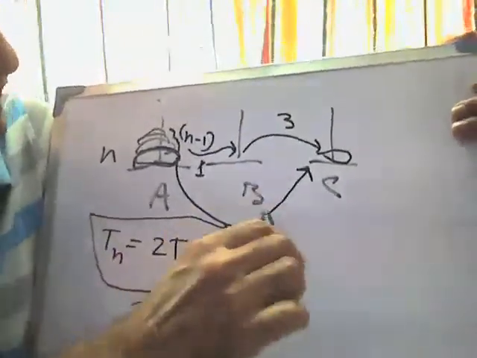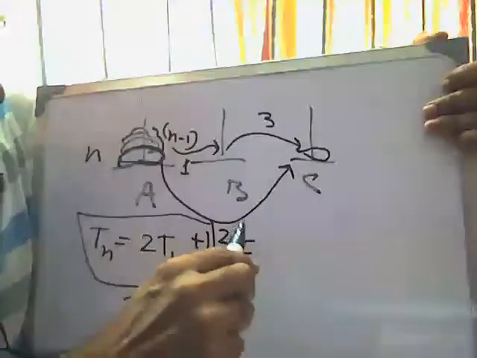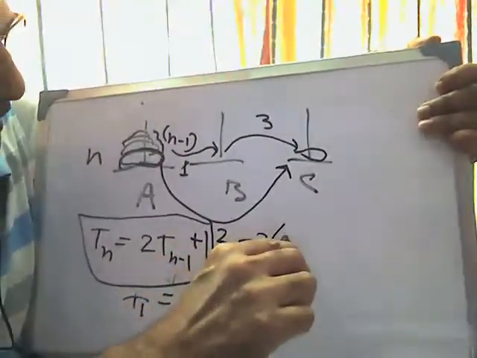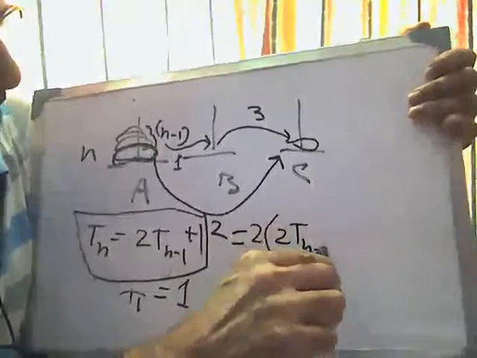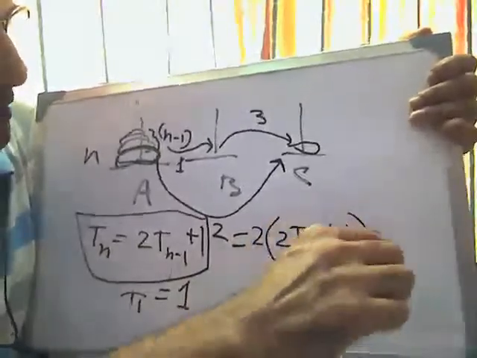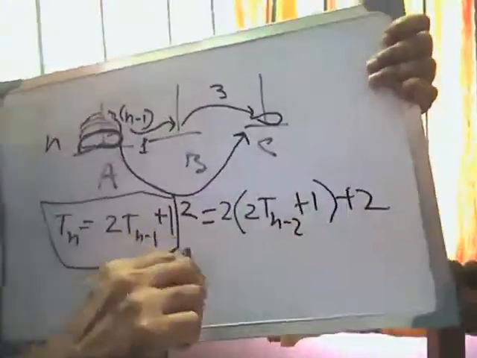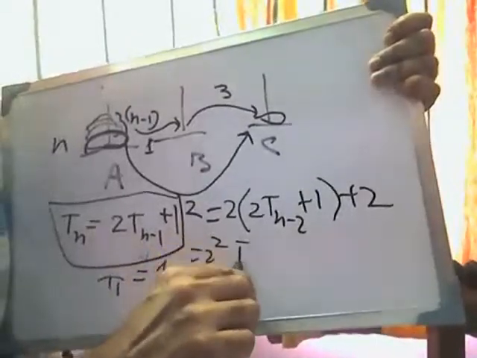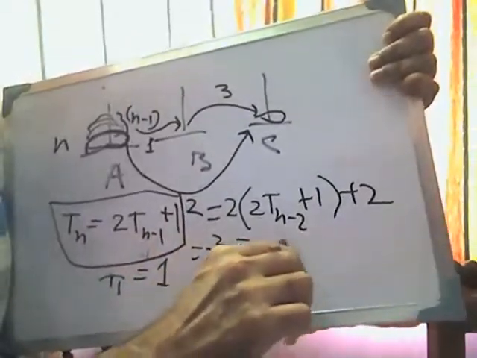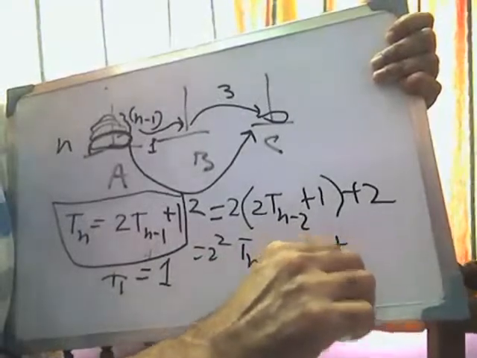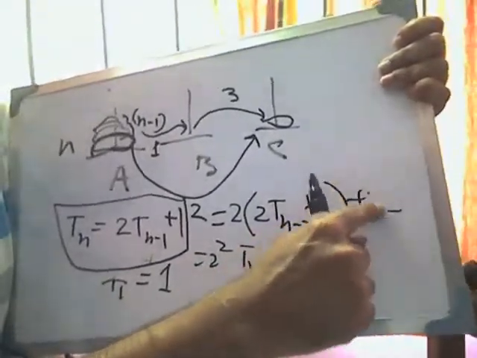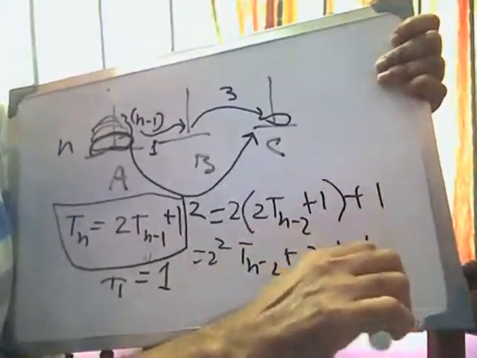Now solve this. This can be expanded again by twice: twice T n minus 2 plus 1 plus 1. This is equal to 2 square T n minus 2 plus 2 plus 1.